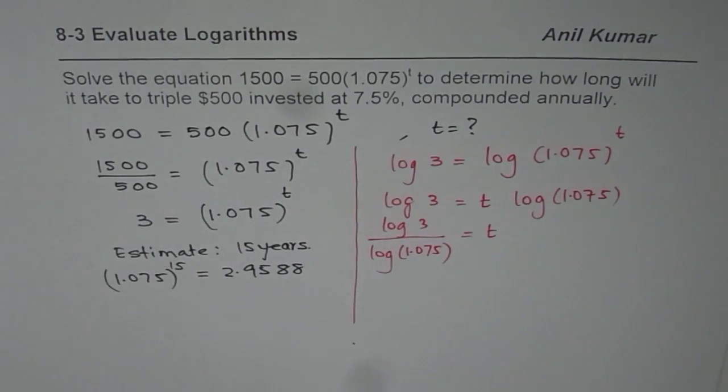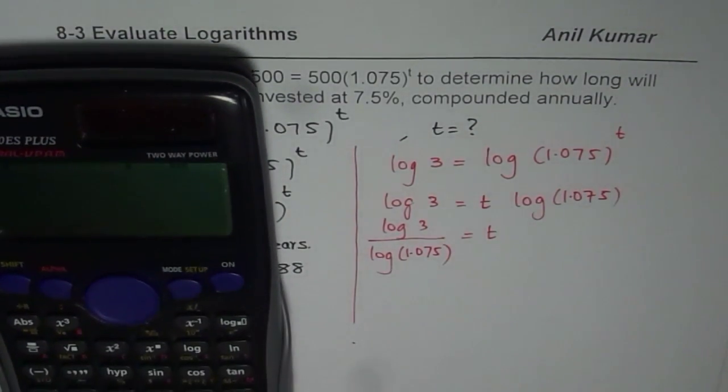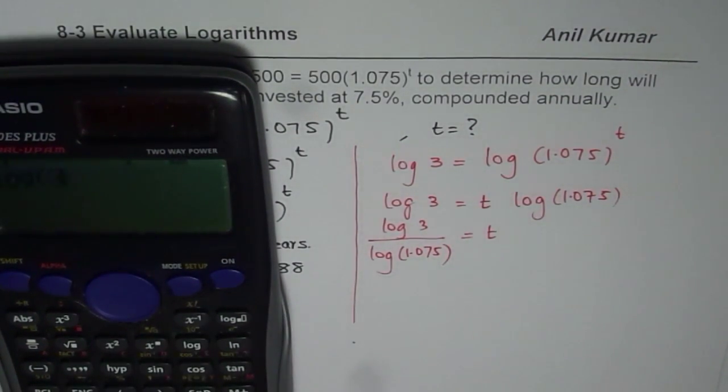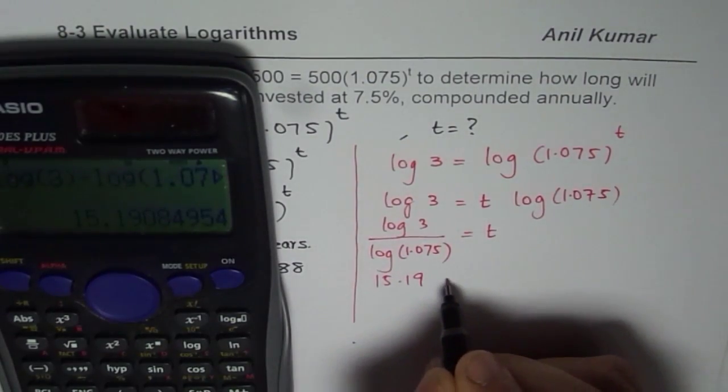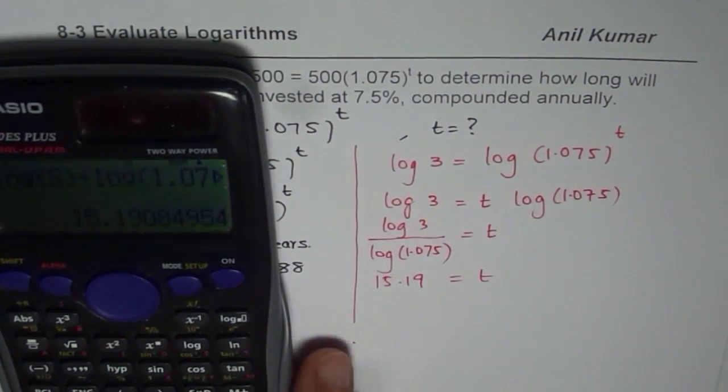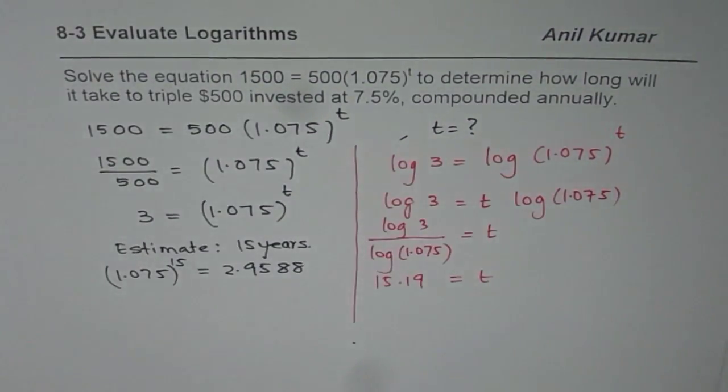Again we can use the calculator and do log of 3 divided by log of 1.075, which is equal to how much? So we get 15.19, right? So that is close by. So 15 years, 15.19.